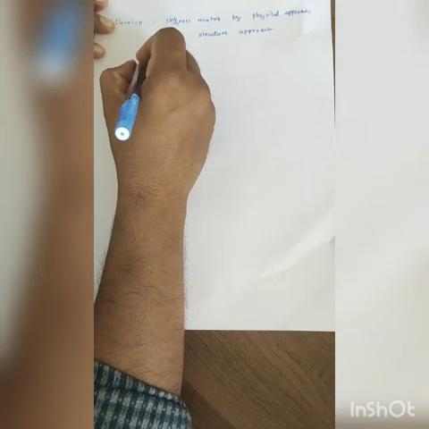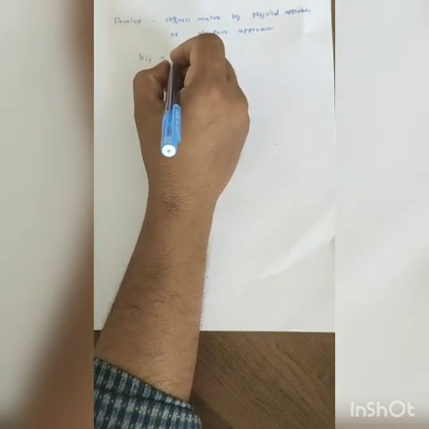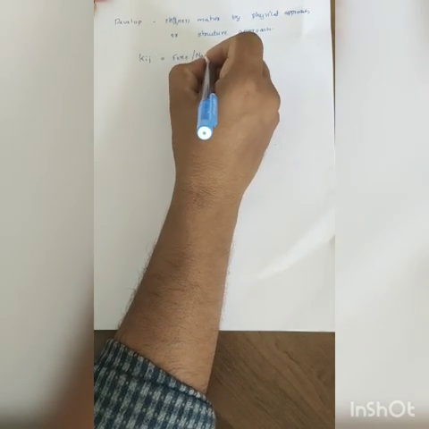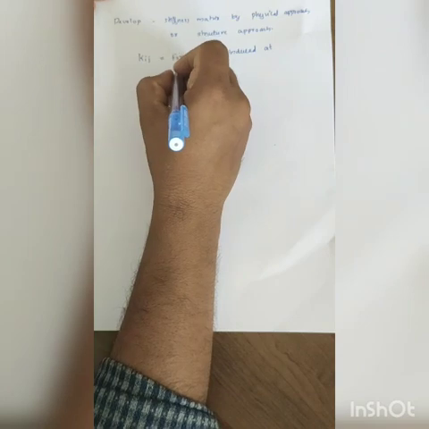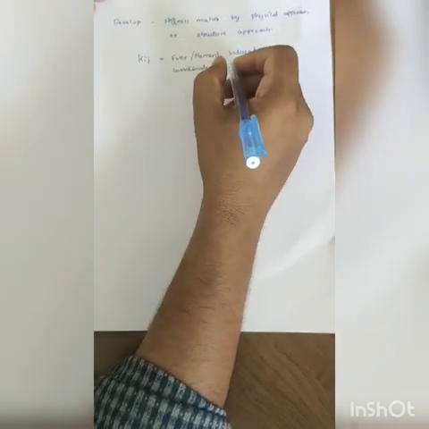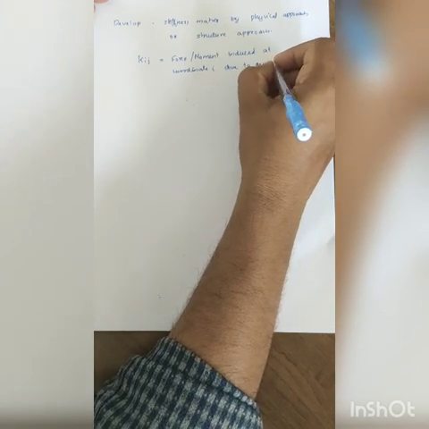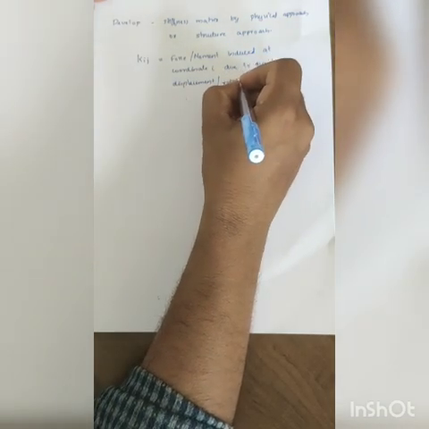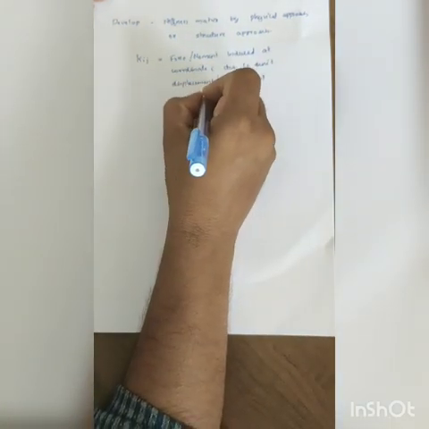So Kij, let me say Kij, that is any element or the stiffness influence coefficient, is either the force or moment induced at coordinate, first suffix coordinate i, due to a unit displacement or rotation at coordinate j.